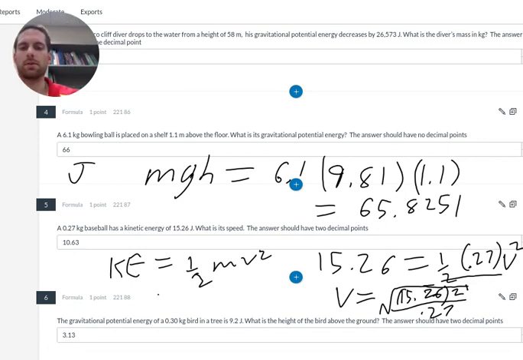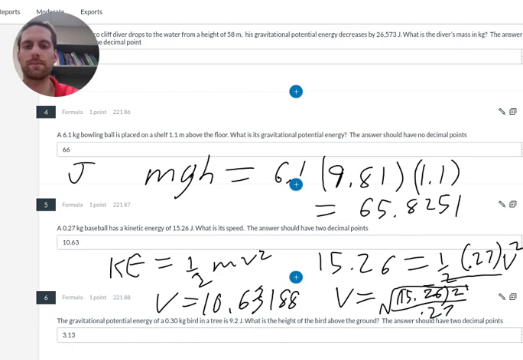So that answer, V, is going to be square root of 15.26 times 2 divided by 0.27. I should get 10.63188, it's 2 decimals, so we'll just ignore all that because there's a 1 there. So 10.63.